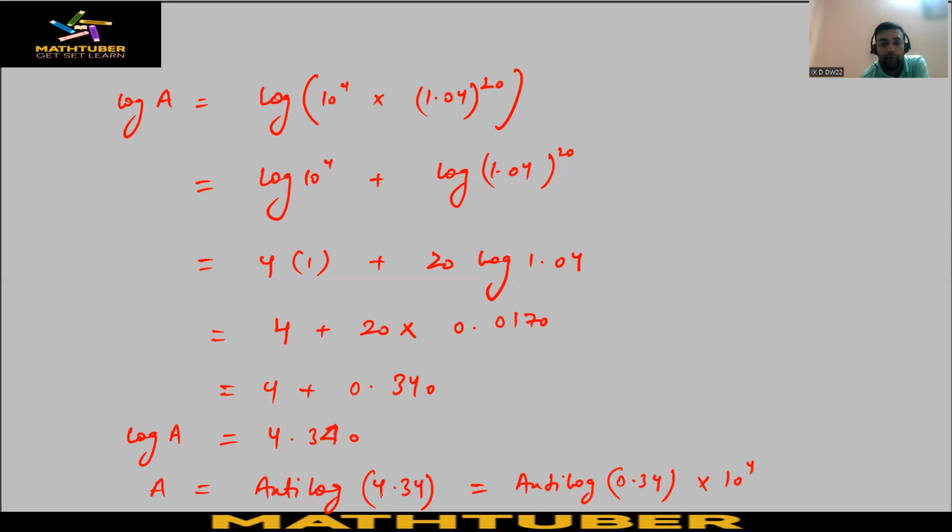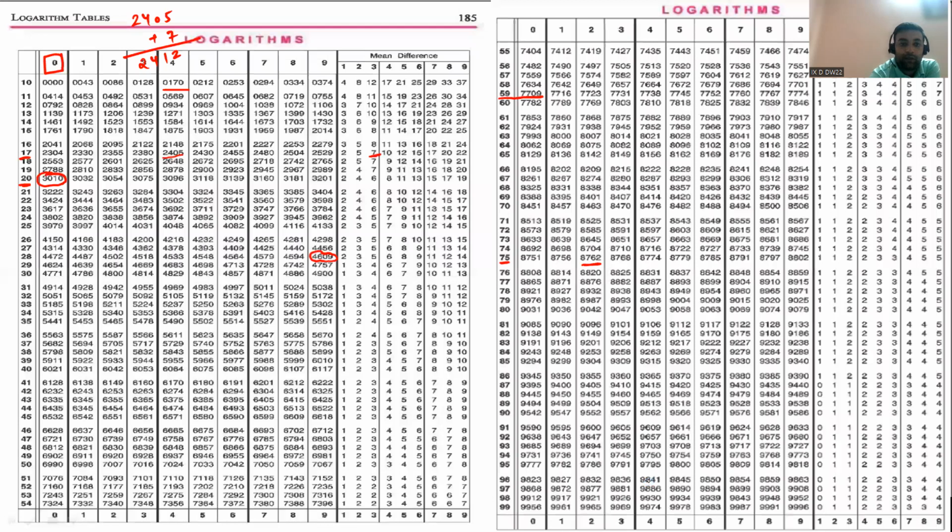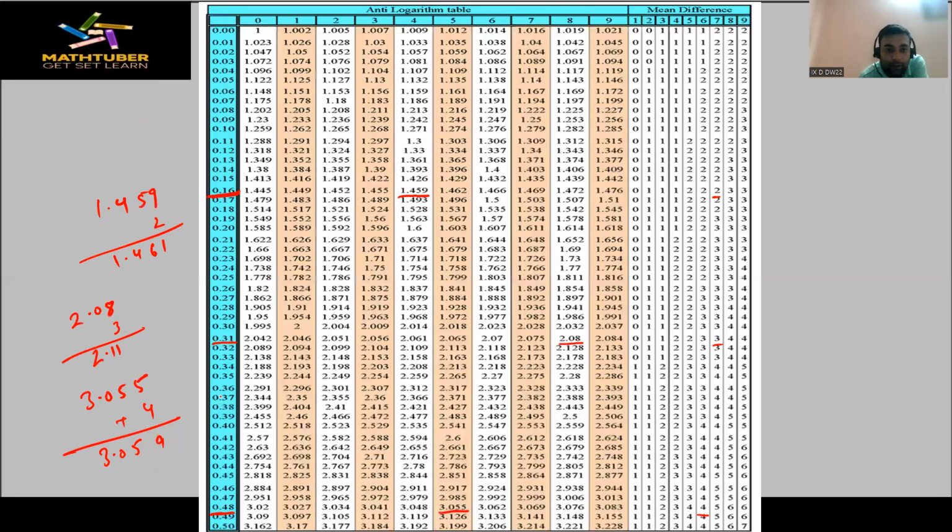The number before the decimal becomes the power of 10. And now we have to find out 0.34 in the anti-log table. So 0.34 here at the 0th column is 2.188.